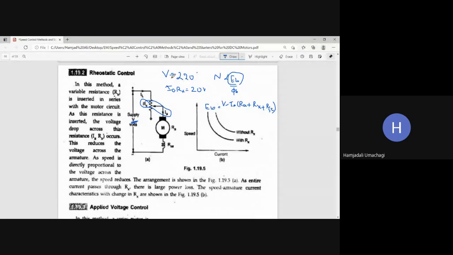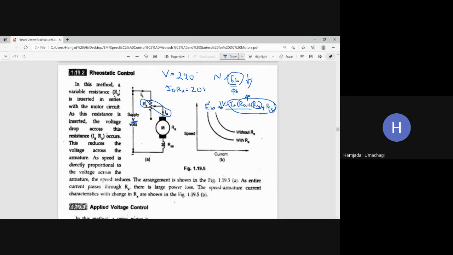The voltage available to the motor is simply 200 minus the rest of the things. So now speed N is directly proportional to Eb by phi, but Eb is decreasing because of Rx. If this drop is more, it gets deducted from the applied voltage, so the total voltage will be decreasing.